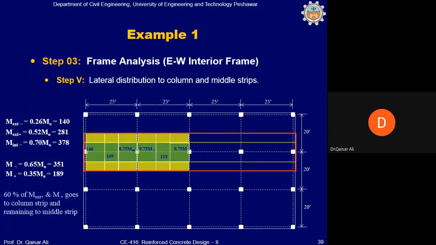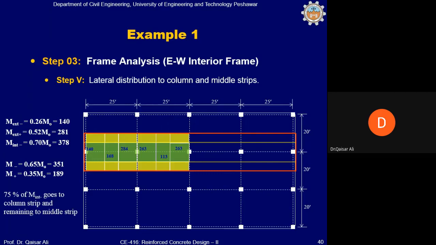140, this is 169, coming from this value. And next is 284, 263. All the values of the column strips are shown now in this slide, column strip only.